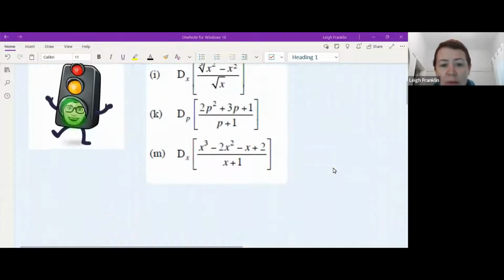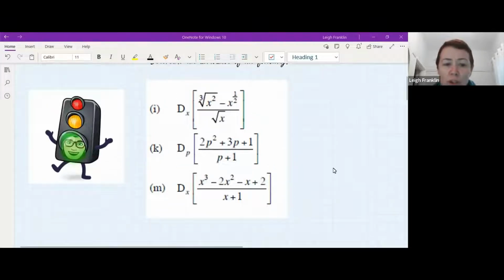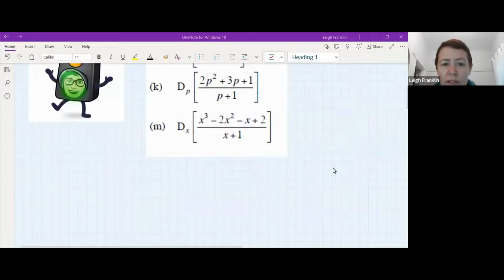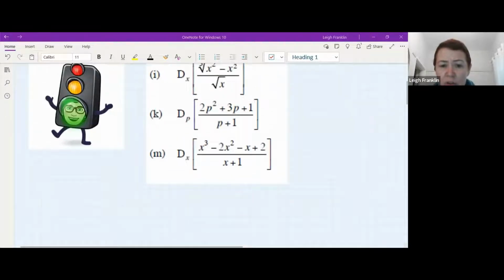At this stage, I really want to know where you're at. Do you want to try some of the easier ones, or should we just jump straight into the more difficult ones? How are you guys feeling? Do you want the challenge, or do you want the easy ones? You can just put what you're up for in the chat. Where do you want to start? Okay, Michelle says easier ones.